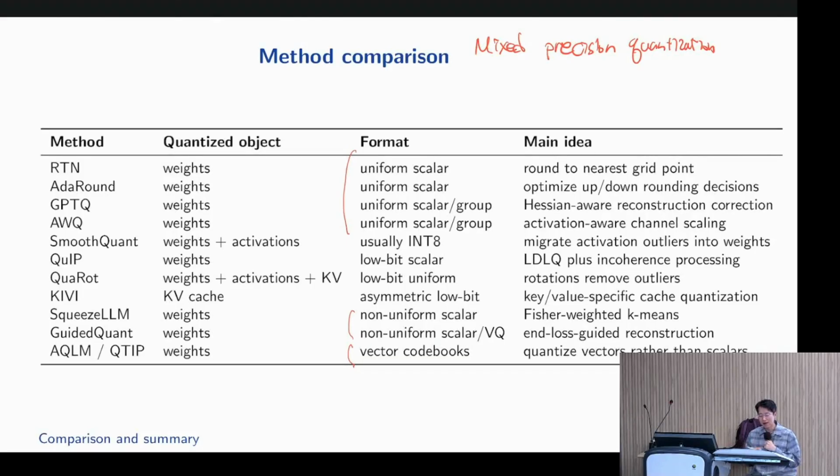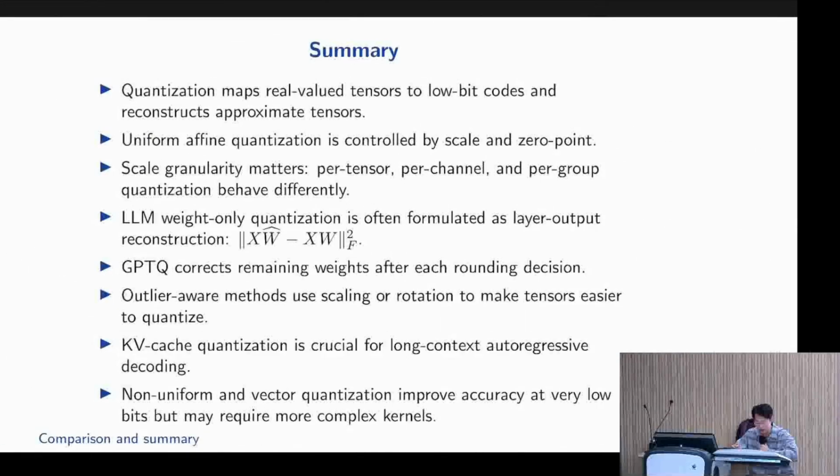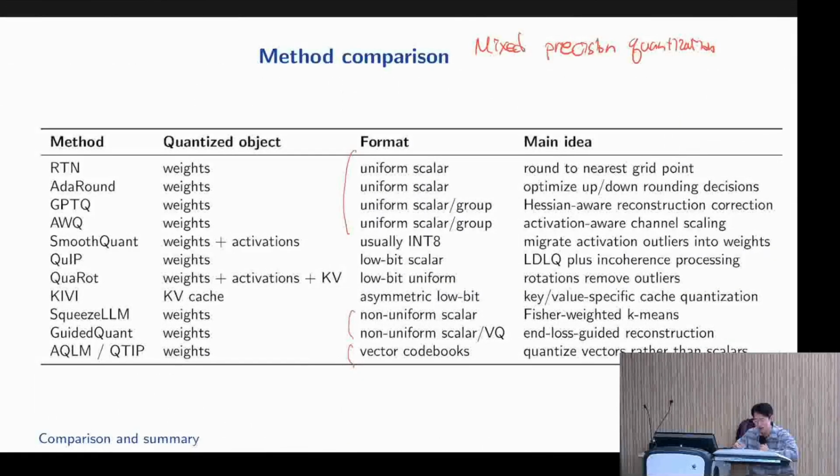Can you allocate different bits to different layer weights? What is the optimal allocation? That's the optimization objective. Let me finish, and if we have time, we'll come back and talk more about mixed precision quantization.